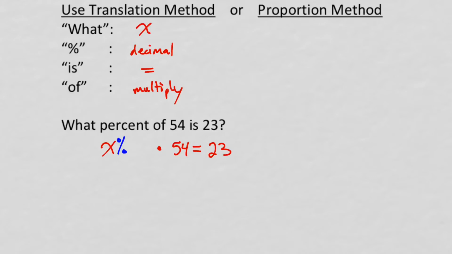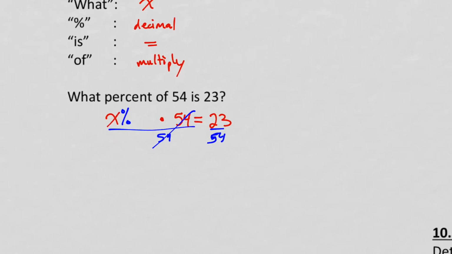So we're going to go ahead and divide this by 54. Basically, you're doing the fraction 23 over 54. So that's going to give us 0.4259.